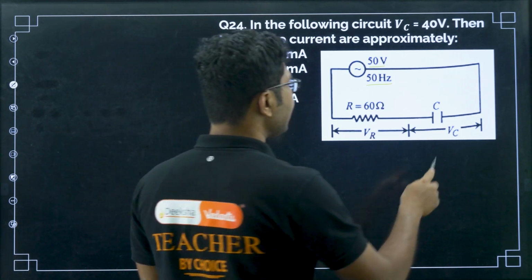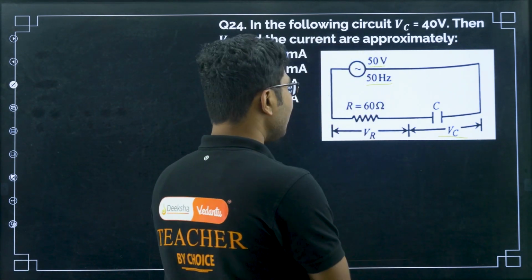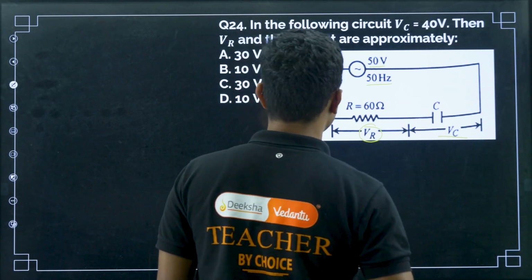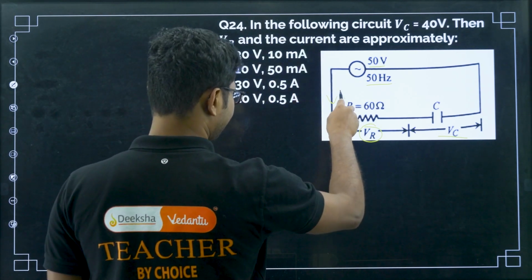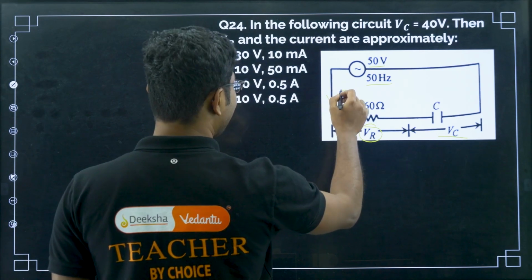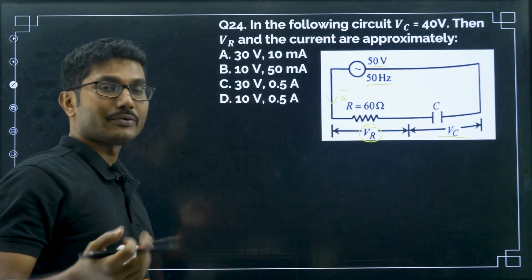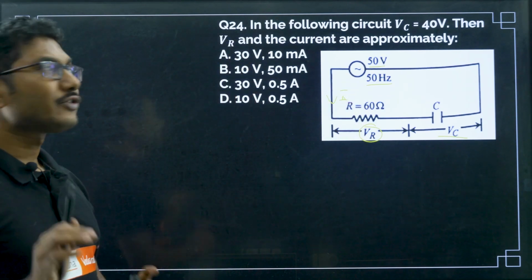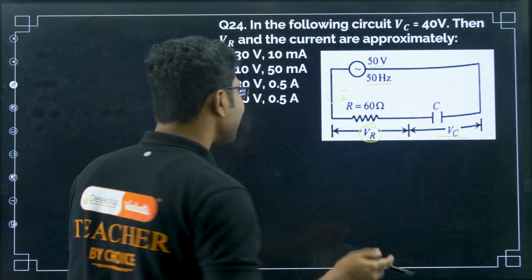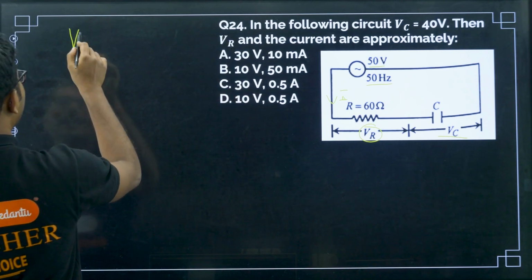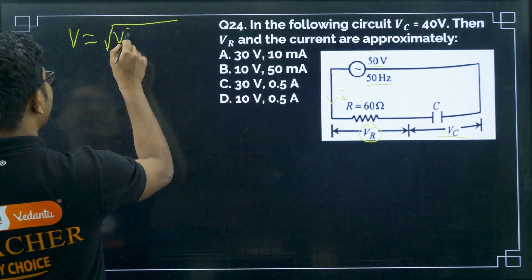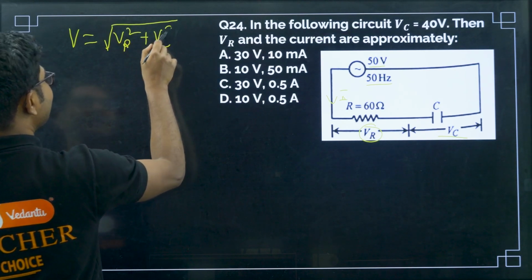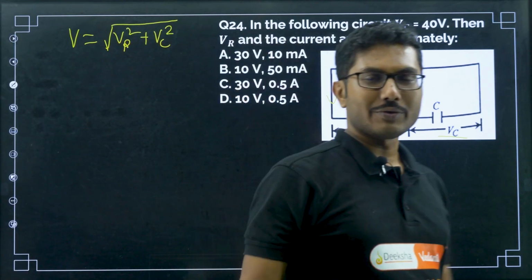They have given you VC, VR you are trying to calculate, and you are also trying to find the current in the circuit. Is it a very difficult question? We have to calculate impedance, etc. Actually not. This is a very simple question. We know that input voltage is basically VR square plus VC square. This is the simplest formula that we are going to apply.